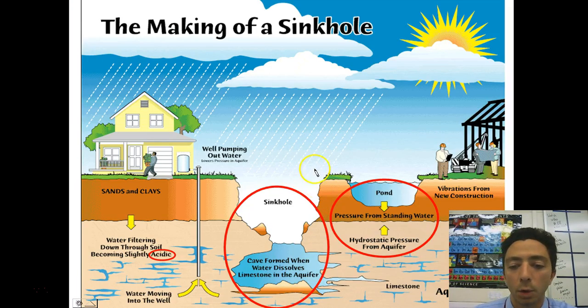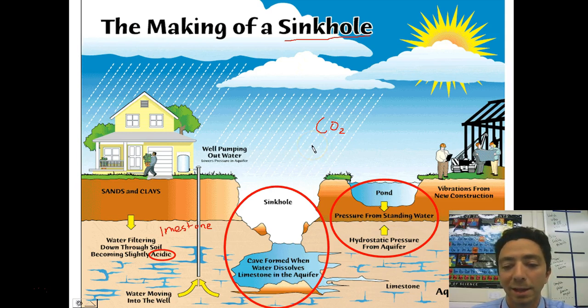Another big problem with aquifer depletion is sinkholes. Very similarly, this happens a lot in Florida, especially because we've got limestone bedrock. That limestone bedrock is very susceptible to acid. As the rain falls, it dissolves CO2 in the atmosphere naturally and is slightly acidic. And as it moves down through the soil, it carries that CO2 with it.